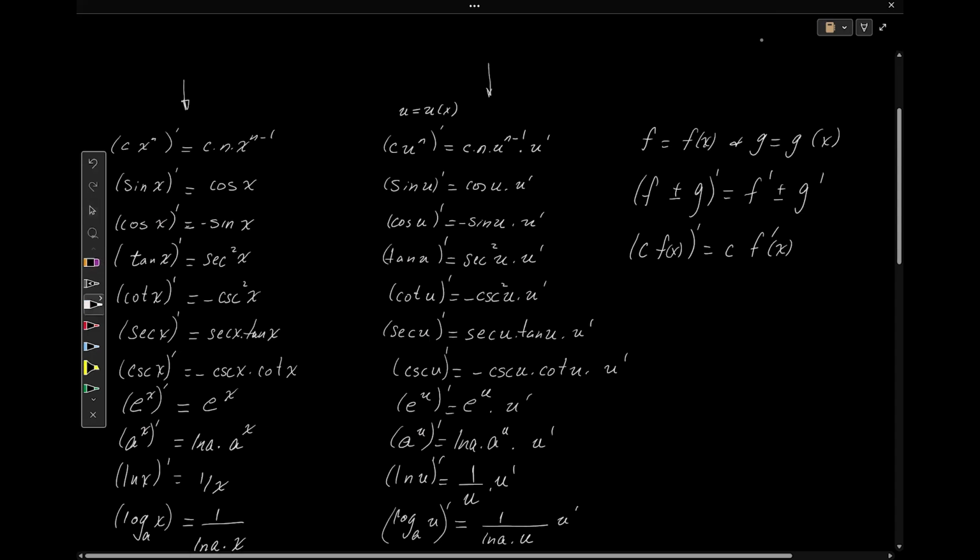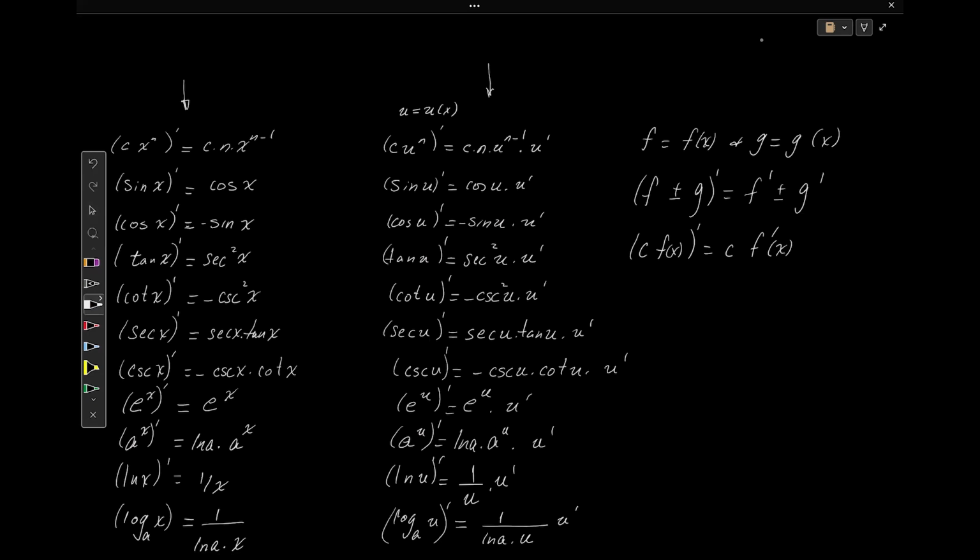Here, when we introduced the chain rule, we said this represents some function of x. If we look closely at it, we see there are two types of derivatives. One involves a power rule.